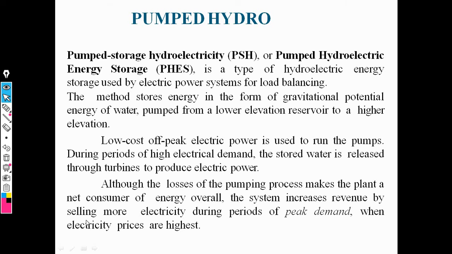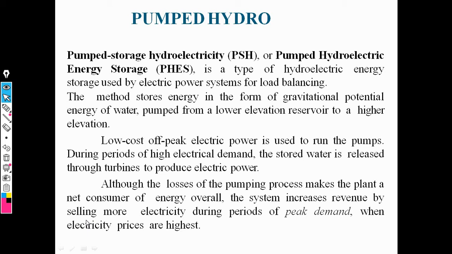Okay. Today's topic is the pump hydro energy storage system. Now, we need to understand the concept of pumped hydro storage of electricity. It is a type of hydroelectric energy storage system, and this concept uses the electrical power system for load balancing.